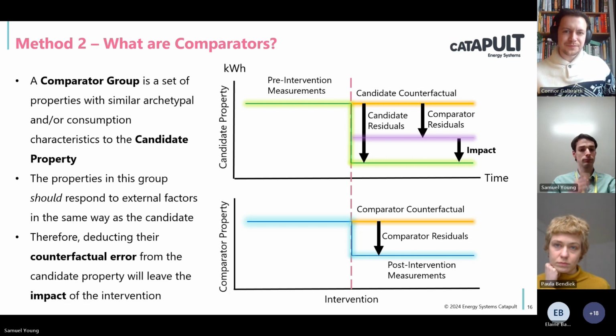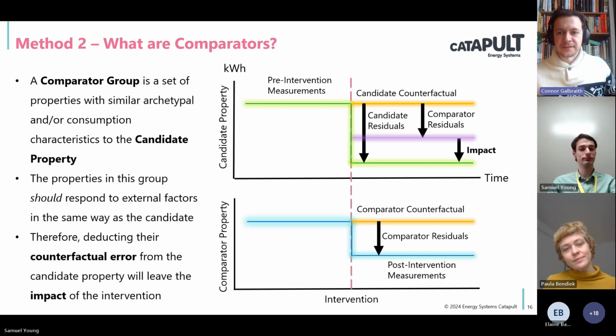Now, this diagram hopefully helps visualize that process a little bit better, because it can be a little bit fiddly to keep track of what is being fitted to what. There's a lot of words that begin with C that doesn't help. So what we're expecting in this case, because we know that there are no retrofits fitted to any of the properties in our data set, we expect the impact to be zero.